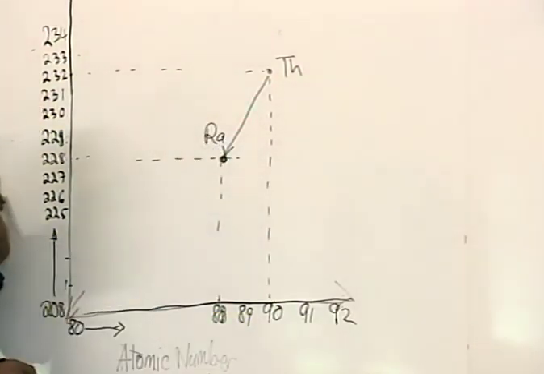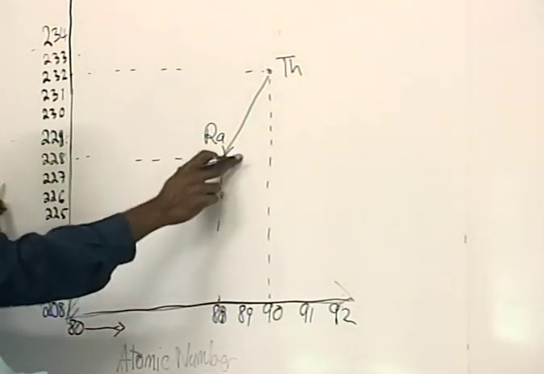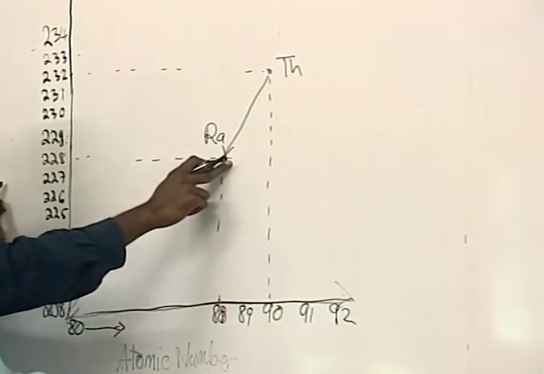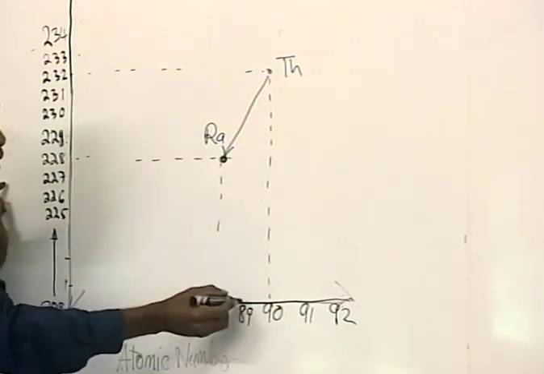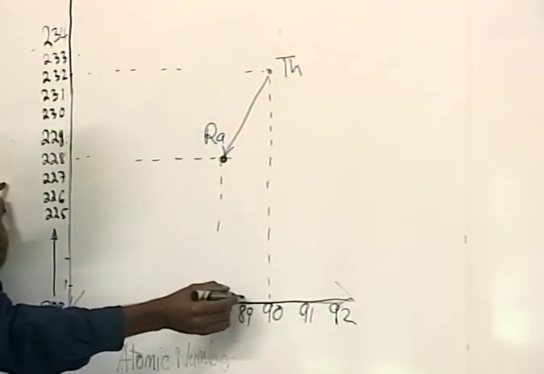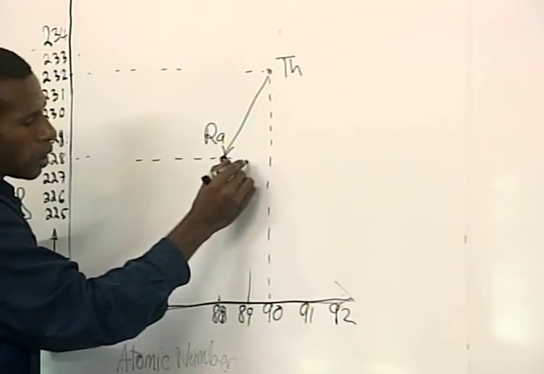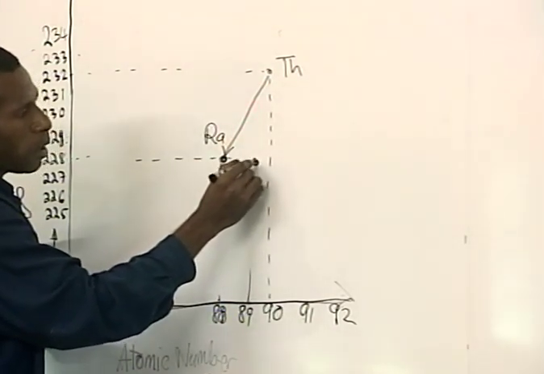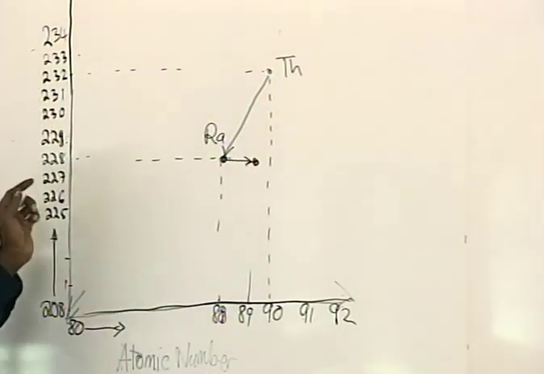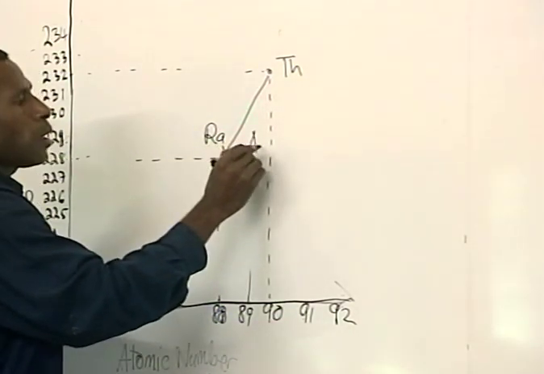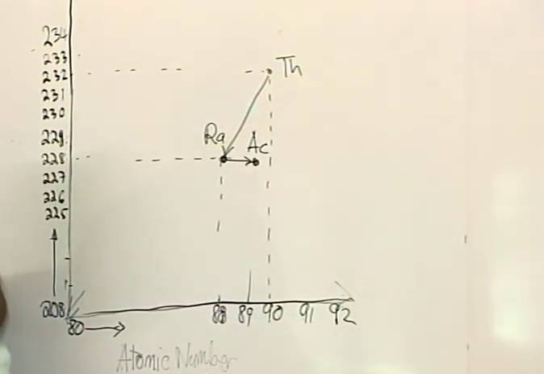Next, there is no change in mass number because it has to go through beta decay, so there will be an increase in the atomic number. The next will be somewhere around here, and that will be actinium.